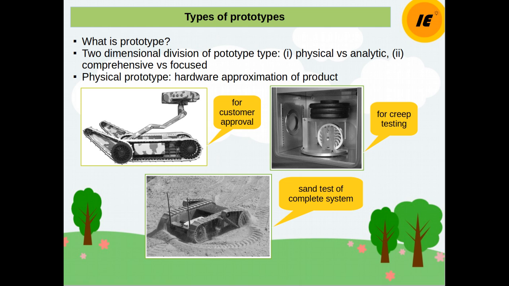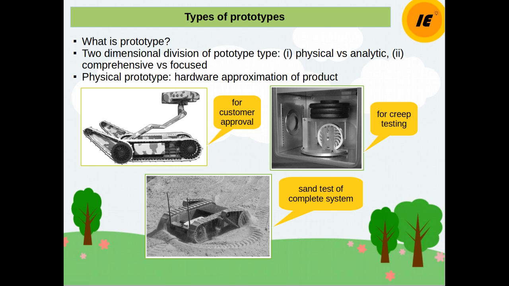So one can divide the types of prototype in two dimensions. One is how much it is physical versus how much it is analytic, and another dimension is how much it is comprehensive versus how much it is focused. Now we will explain step by step.